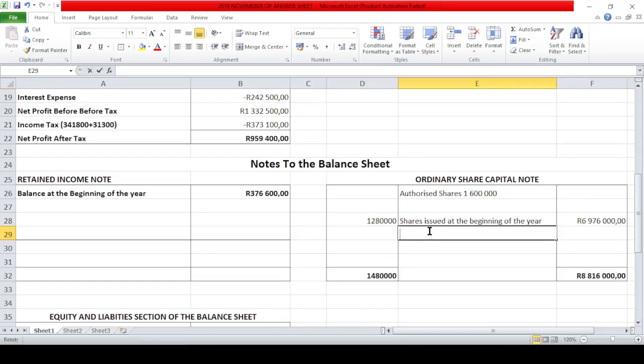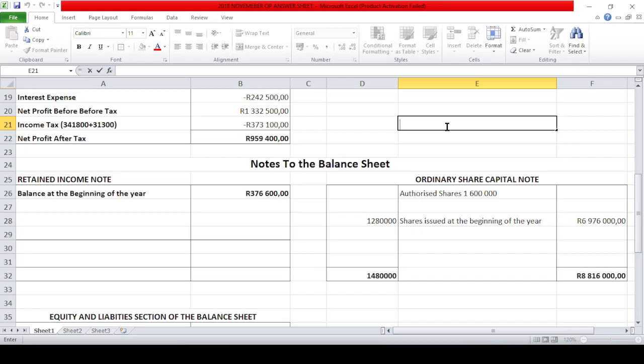So we say 6,976,000 divided by 1,280,000, which gives us 5 rands 45 cents.